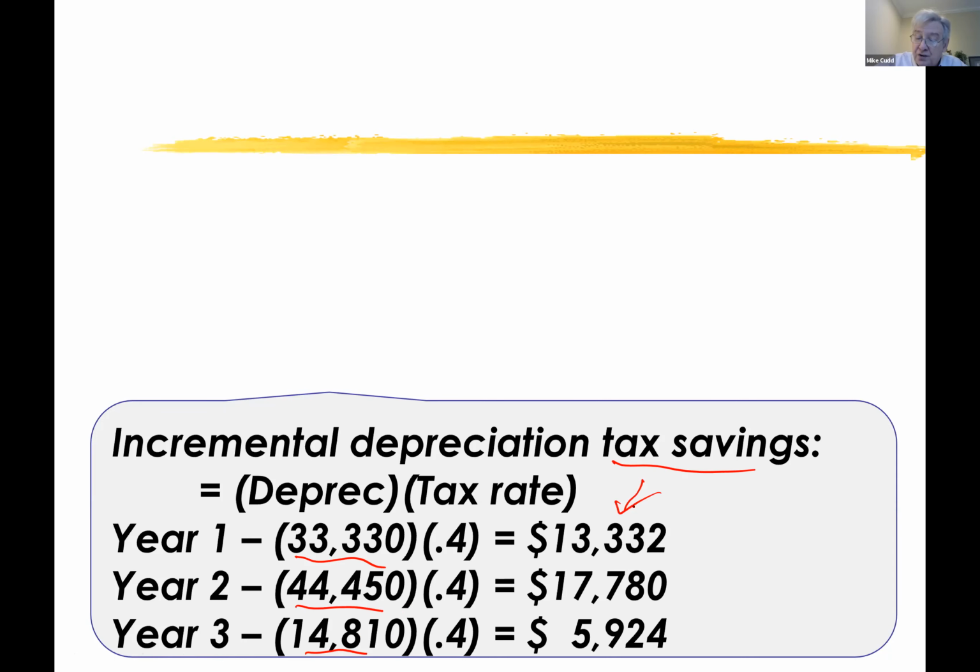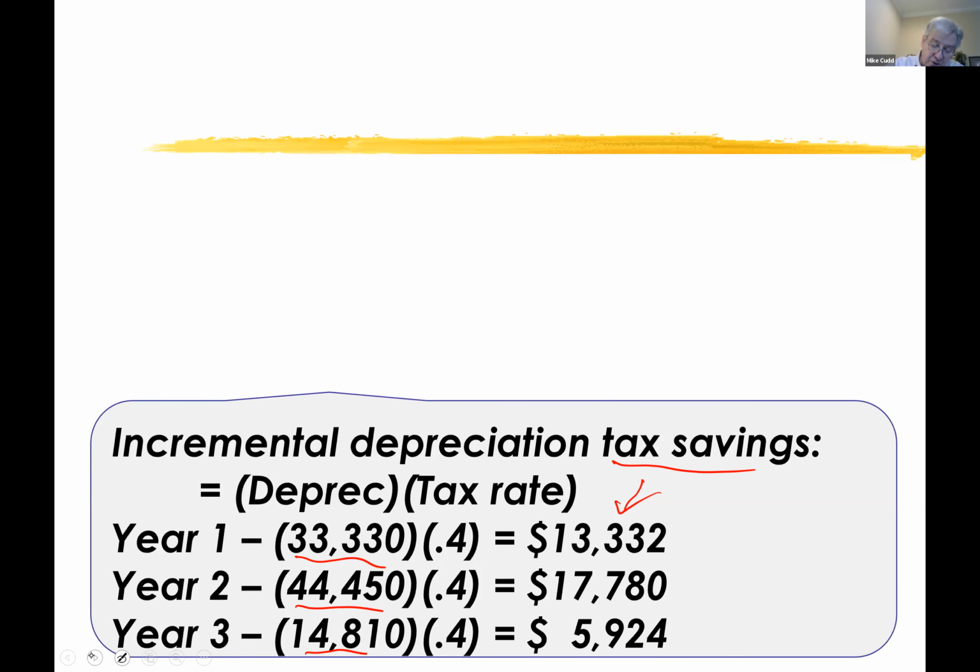And of course, a tax savings is a cash inflow. If you're in a 40% bracket and you get to lower your taxable income by $33,330, that means you pay $13,332 less in taxes.